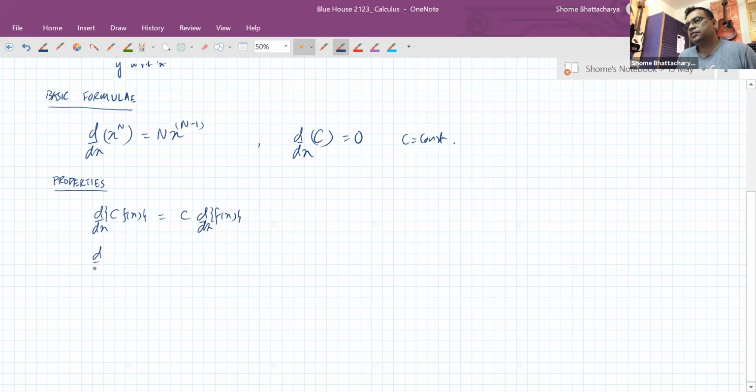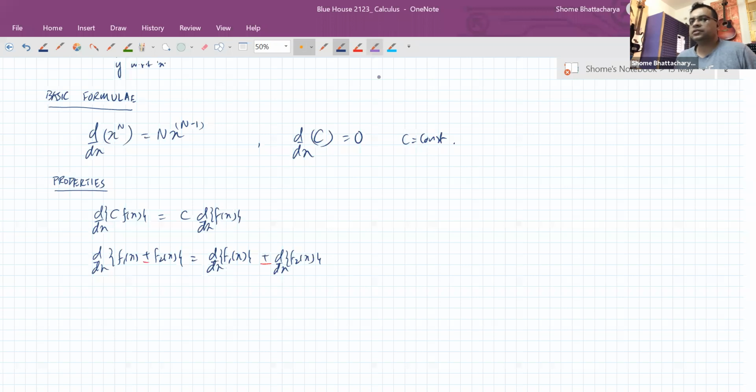And if we are differentiating the sum or difference of two functions, that becomes the sum or difference of their individual differentiations. Okay, so these are the essential things that we learned in the last lecture in terms of differentiation. Okay.